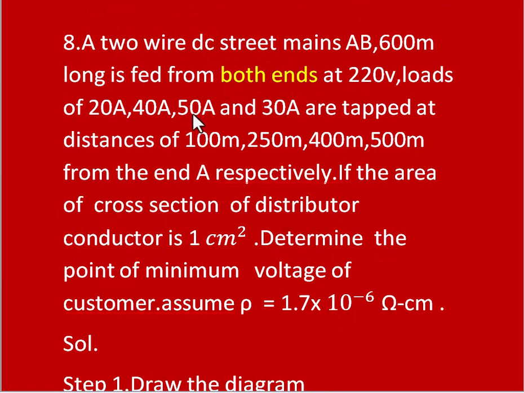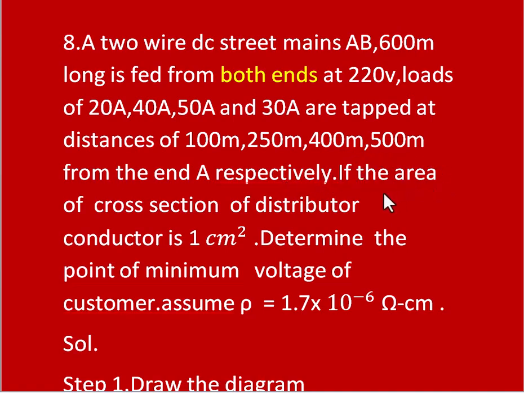Let us take a new problem on DC distributors. Here the DC distributor is fed at both ends with the same voltage of 220 volts, and the length of the DC distributor is 600 meters, and the ends of the DC distributor are A and B. The loads connected are 20 amperes, 40 amperes, 50 amperes, 30 amperes, and they are tapped at distances of 100 meters, 250 meters, 400 meters, 500 meters with respect to end A respectively.